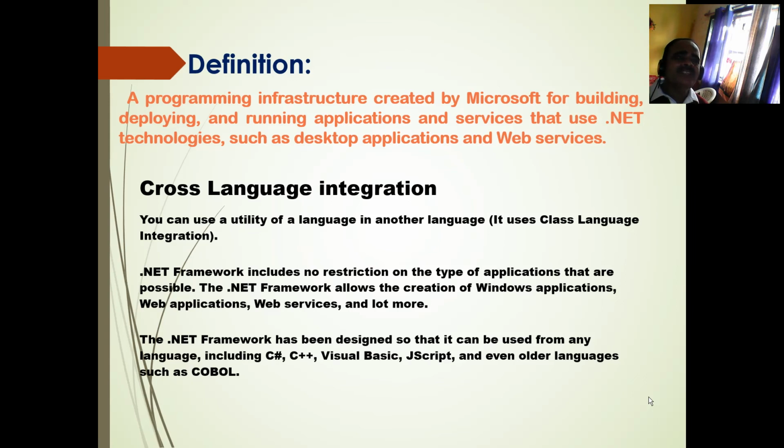The .NET framework is designed in such a way that we can use a number of languages, including C#, C++, Visual Basic, JavaScript, and even older languages like COBOL, Pascal. It means all these languages we can use.